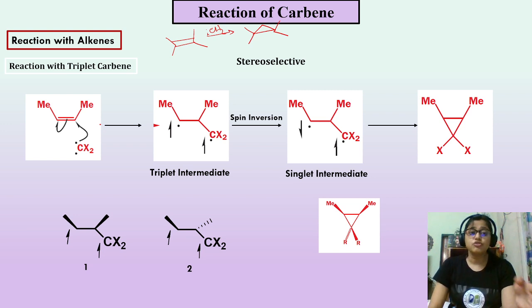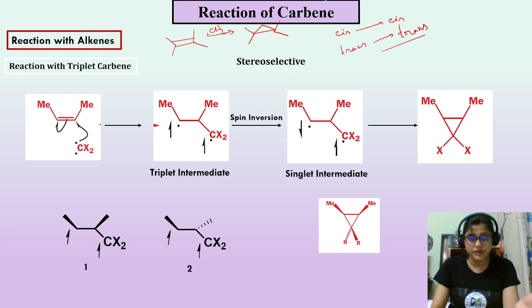For singlet carbene it is stereospecific: cis gives the cis cyclopropane product, and trans gives the trans product.